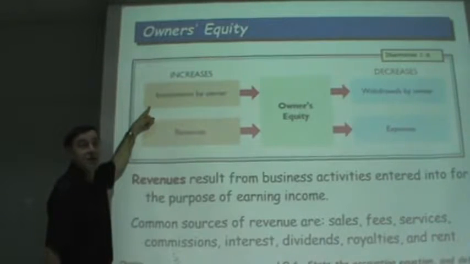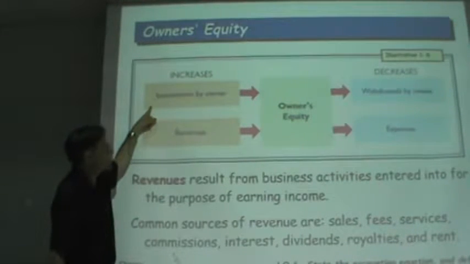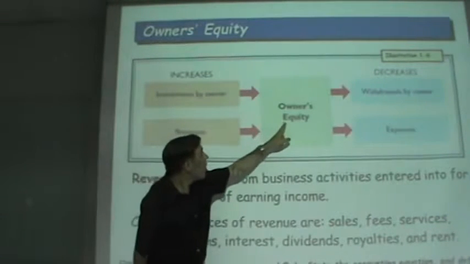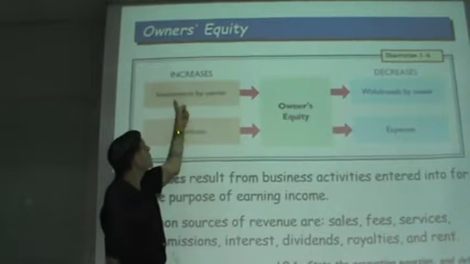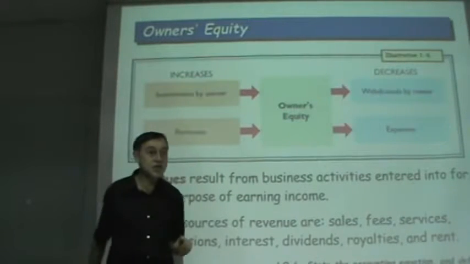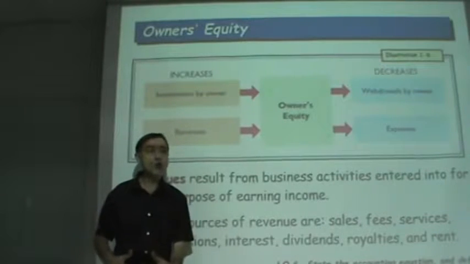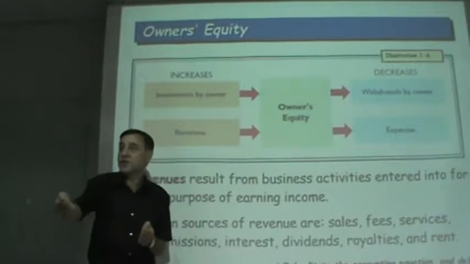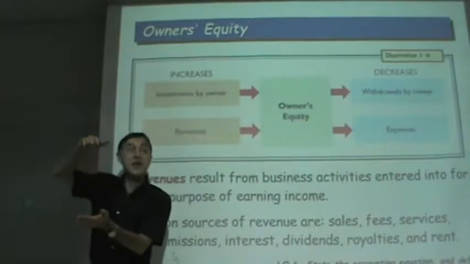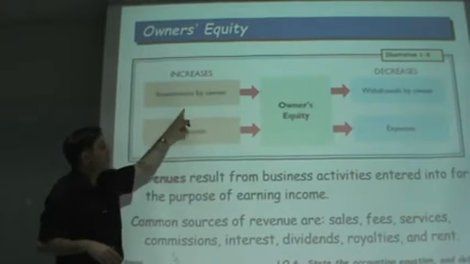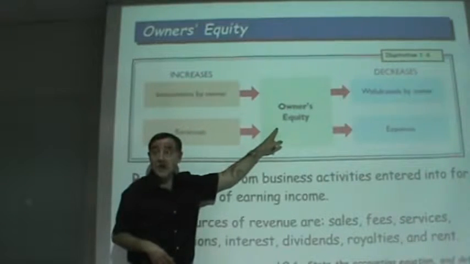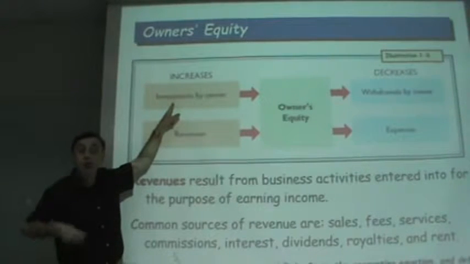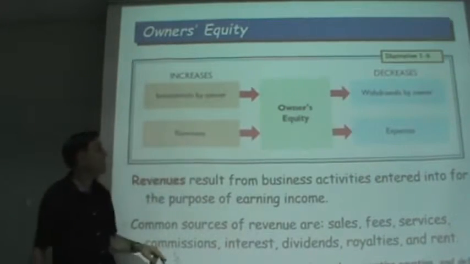When an owner makes an investment, it increases owner's equity. So, owner's equity goes up when the owner makes an investment. So, investment means the owner takes money out of his pocket, 10,000, and puts it in the business. The business equity goes up by 10,000. So, business equity increases when the owners invest money out of their pocket into the business.